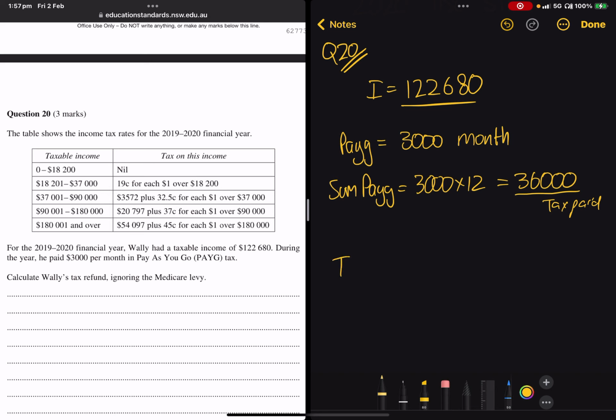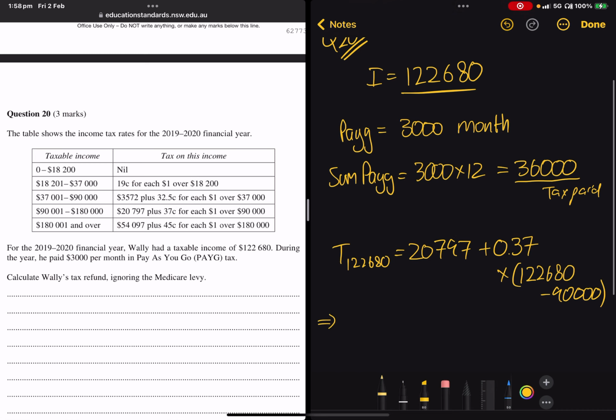So the tax payable on an income of $122,680 is $20,797 plus 0.37, this is the 37 cents in the dollar, times the difference between his income and 90,000. So 122,680 minus 90,000.